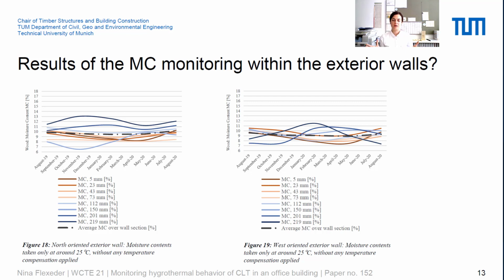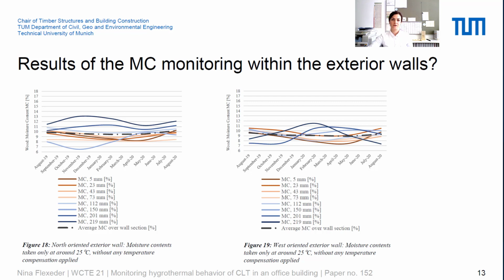When doing moisture content measurements, you have to be aware that whenever you leave the range of 25 degrees Celsius, you will have to do something that is called temperature compensation. Like I showed you before, we do have a very high gradient of temperature within very little time spans. So that means we do have to compensate a lot.